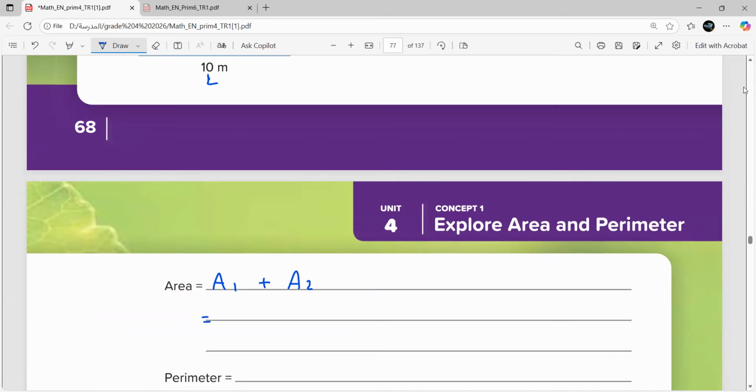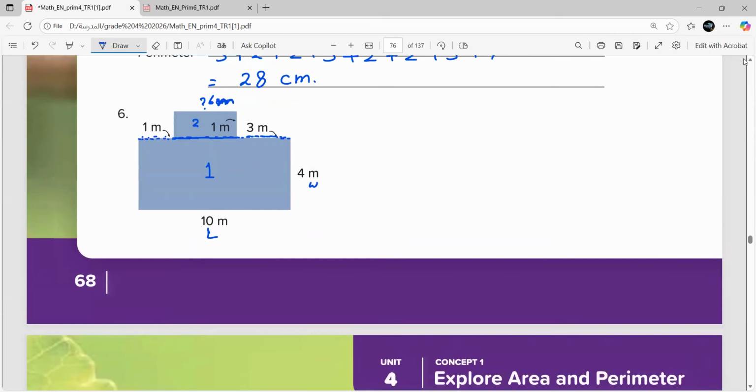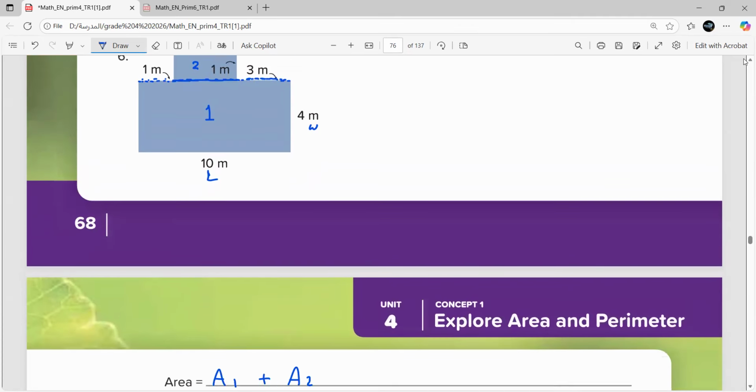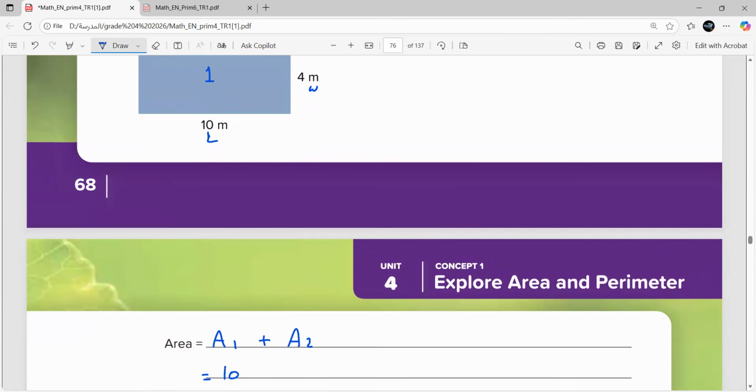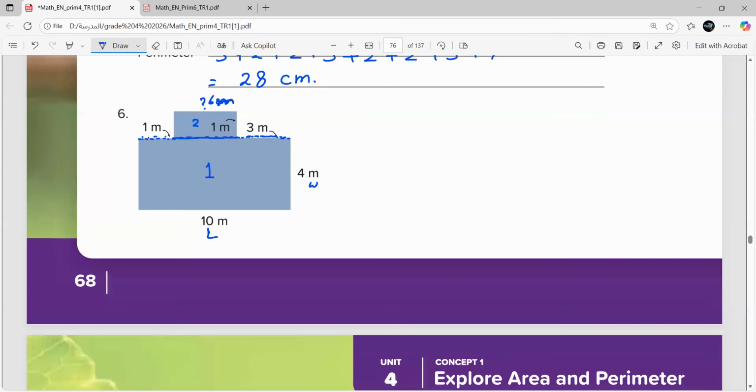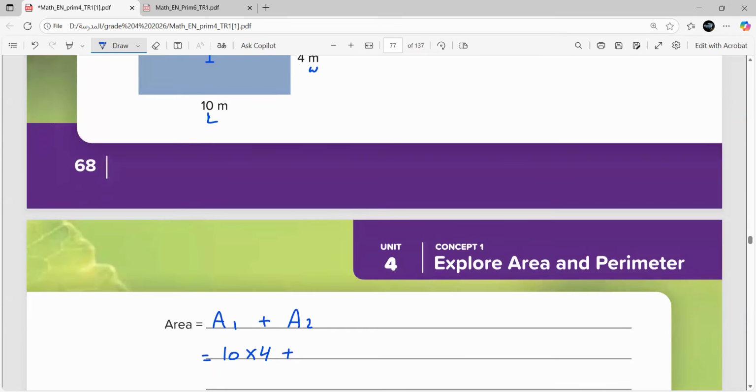Area 1 equals 10 times 4, length times width, plus area 2 equals 6 times 1. Now, 10 times 4 equals 40, plus 6 times 1 equals 6, equals 46 square meter.